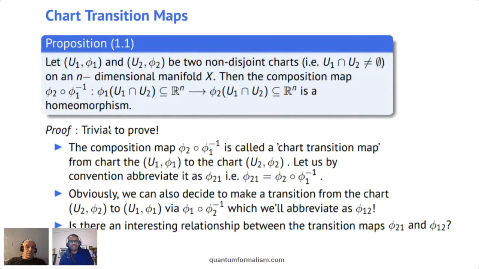I claim this is trivial to prove because of homeomorphisms 101: both of them are homeomorphisms, the inverse of a homeomorphism is a homeomorphism, and the composition of homeomorphisms is a homeomorphism.